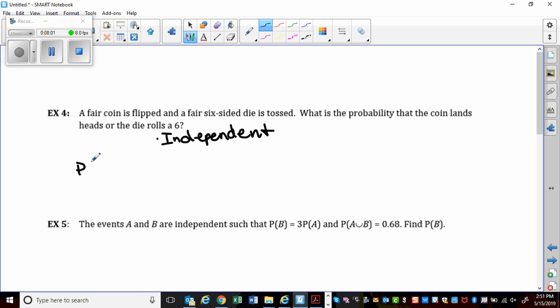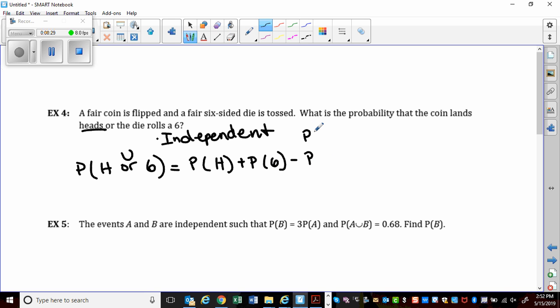So the probability of heads or a 6 is a union. It is the probability of heads plus the probability of a 6 minus the probability of the intersection, H intersecting 6, which for independent events is just the probability of H times the probability of 6.